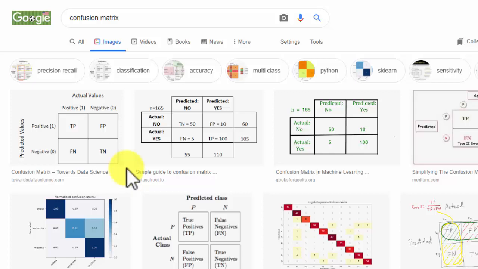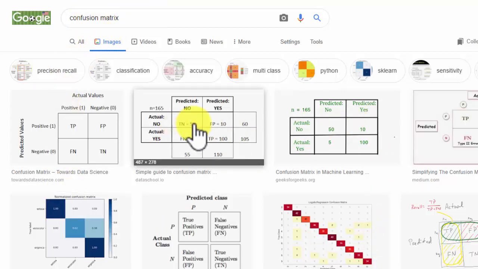But I wanted to go through conceptually what is something called a confusion matrix, and I encourage you to Google this. If you go to images.google.com and Google this, you will find lots of different diagrams. Be careful because some of them put the prediction on the top side, some of them put prediction on the left side, and then the actual on the other side.